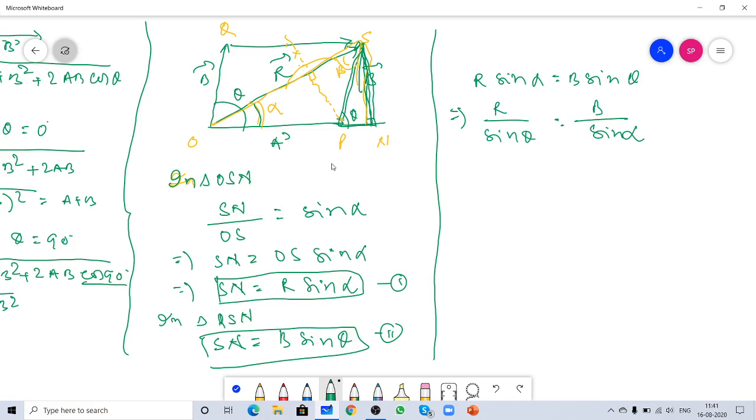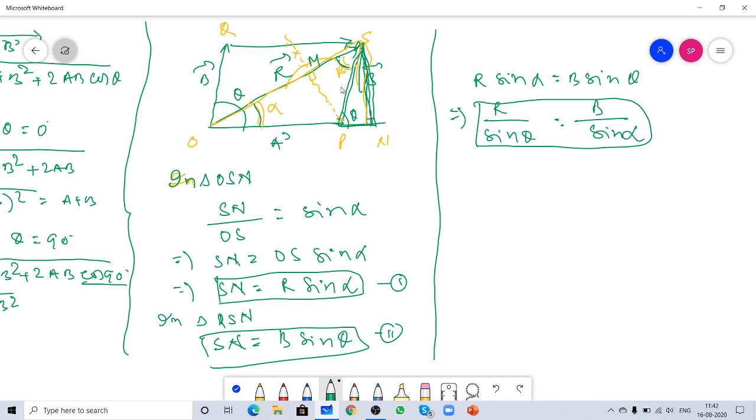Now I'll consider two more different triangles and try to find the relationship involving beta. So now if I consider these two triangles, this is point M, so PM, this is your beta, right?